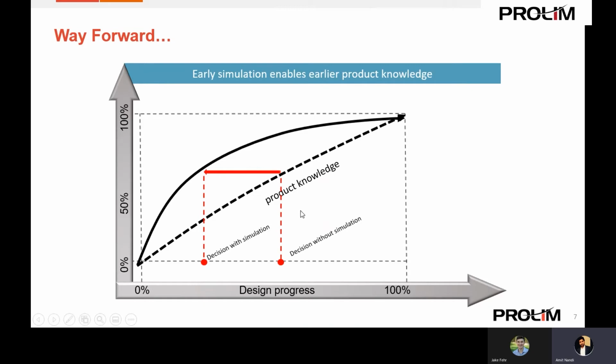Whereas here, design decisions without simulation: you can see that as the design progresses, you will be left with much lesser product knowledge and also the cost will go high.